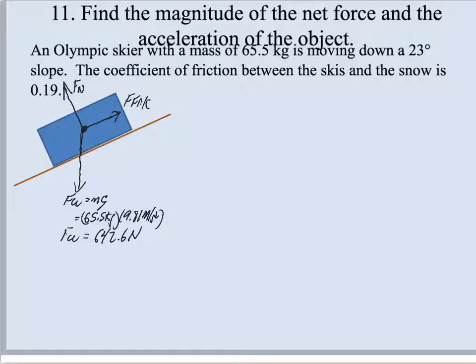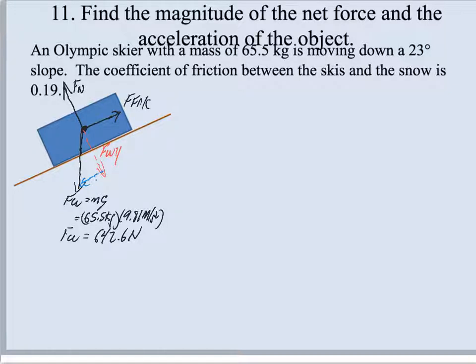And my components are going to, remember you always use normal force as your guide. And that's going to go straight down away from normal force. And then it's going to make a right angle here. And that right angle is going to form our other component. And this is FWY.